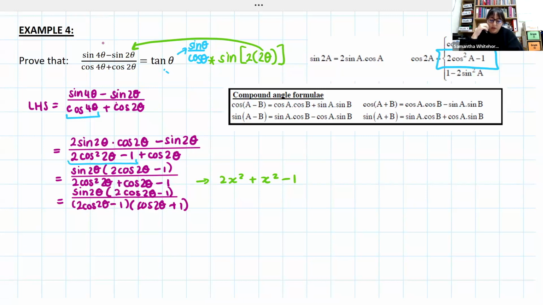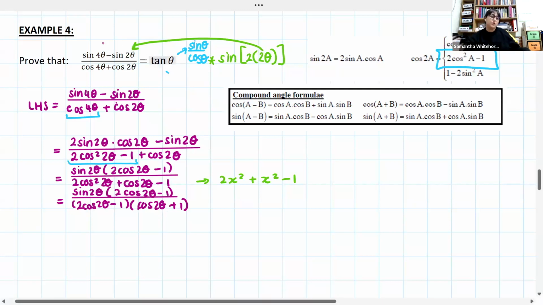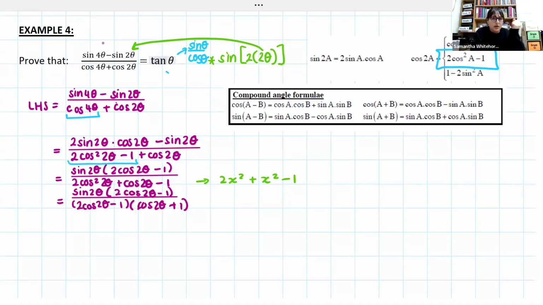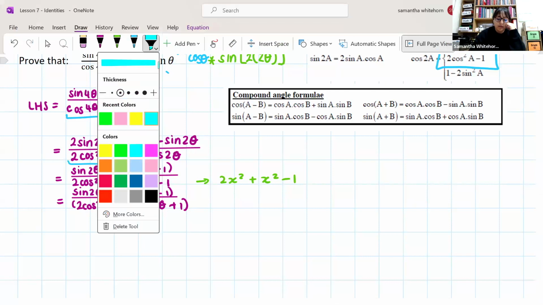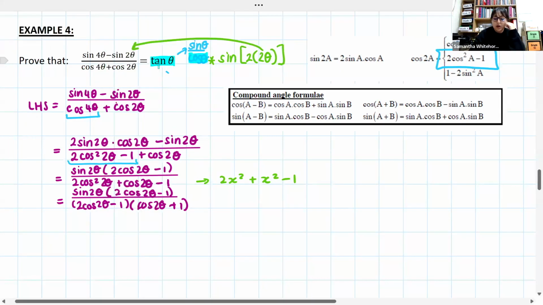I'm just going to go back to Butle's question quickly. So Butle asked, how do we identify which formula to use for cos? So Butle, it comes down to what are you working towards, right? In this specific case, remember what I'm working towards is tan theta. So I want only cosines in my denominator.